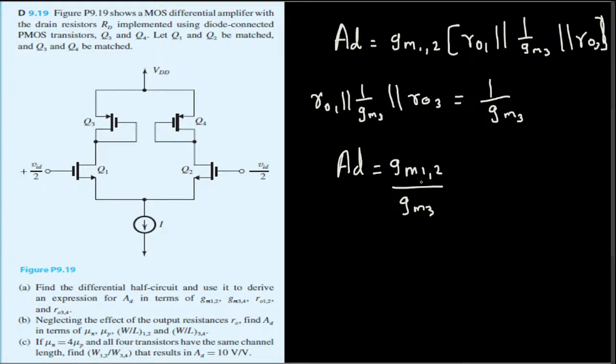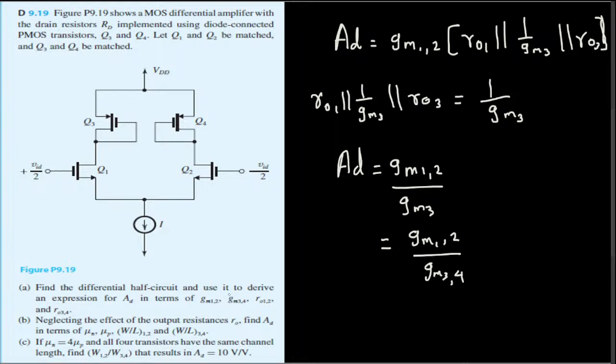So here GM12 is the transconductance of 1 and 2, and GM3 must be equal to GM4 as well. So we can also write this as GM12 over GM34. Now the question is asking us to express this in terms of mu n and mu p, W over L 12, W over L 34.